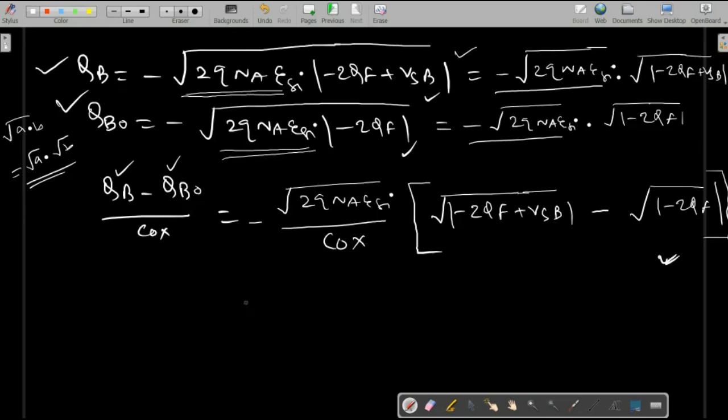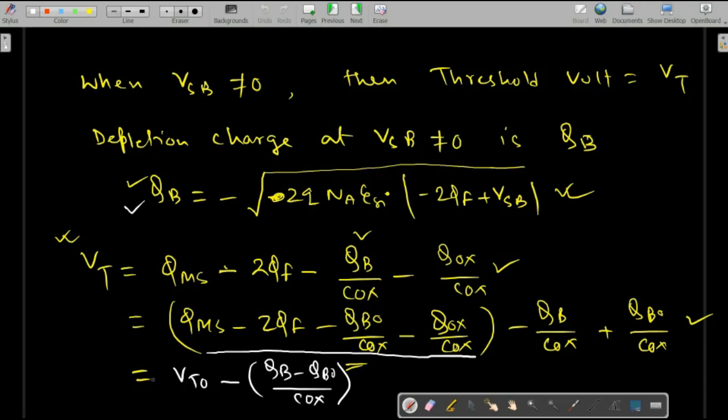So if I put this term here in this equation, Vt equals Vt0 minus of this one.